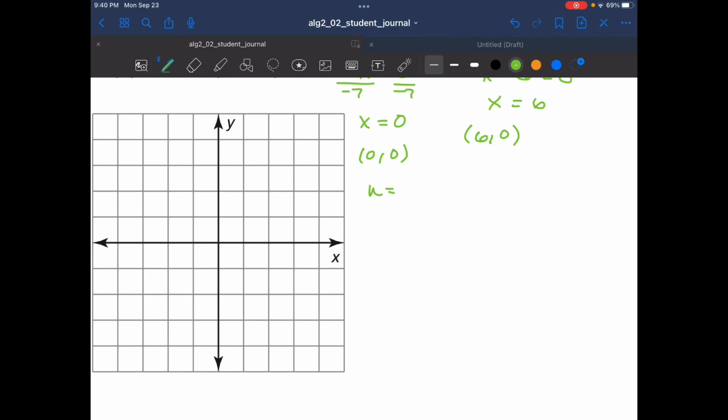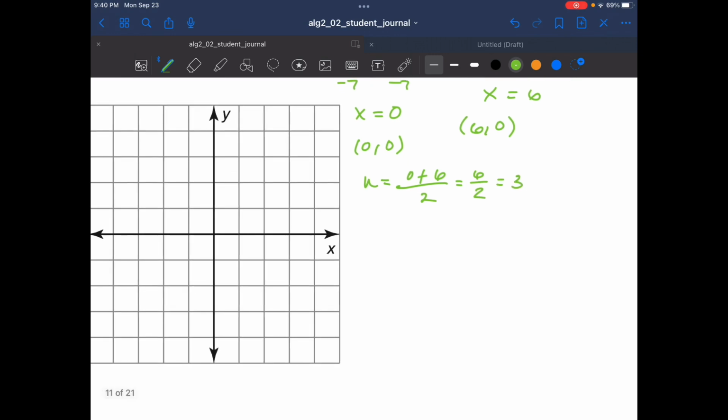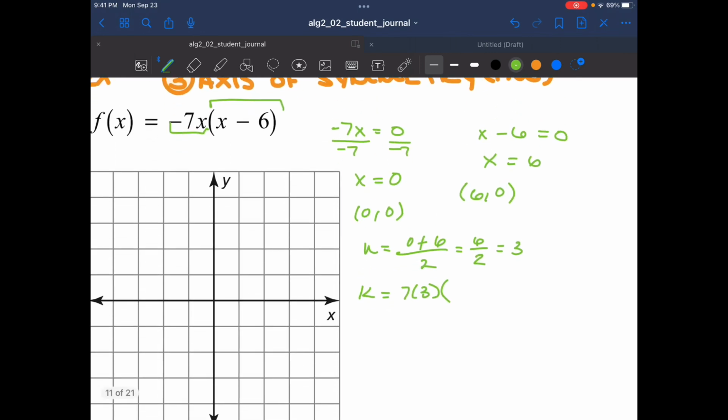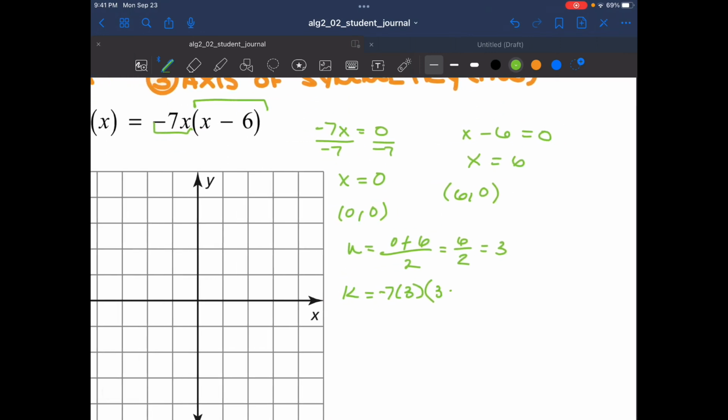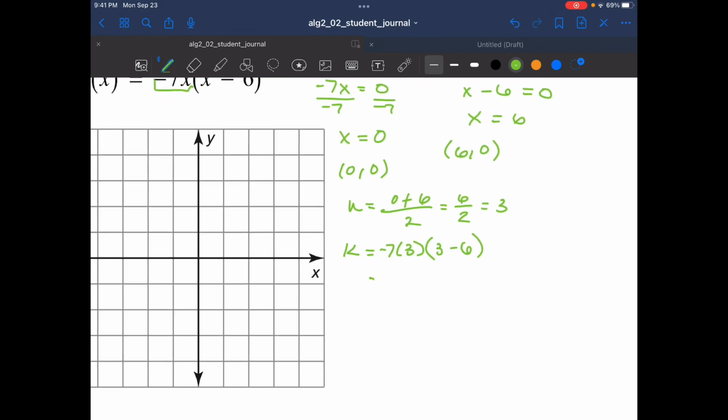To find the h value of my vertex, that is going to be 0 plus 6 over 2, which is 3. So that means that my k, right, if I plug that back in, is negative 7 times 3, and then 3 minus 6. So this will be negative 21 times negative 3, which should be 63.